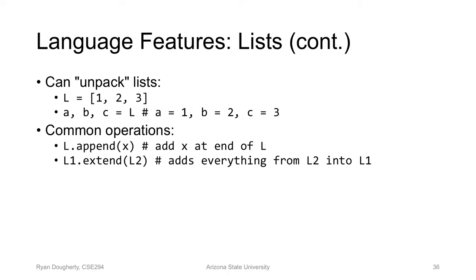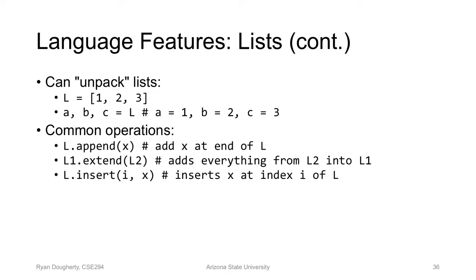But one thing you want to do sometimes is to basically copy the elements over, to keep adding more elements to this big list that I'm adding to, which is L1. So what extend does is basically that. It copies everything over to extend the list. So it's kind of like concatenation. Actually, it is exactly the same thing as concatenation. It's just explicitly said here that it's extending a particular list with another list.